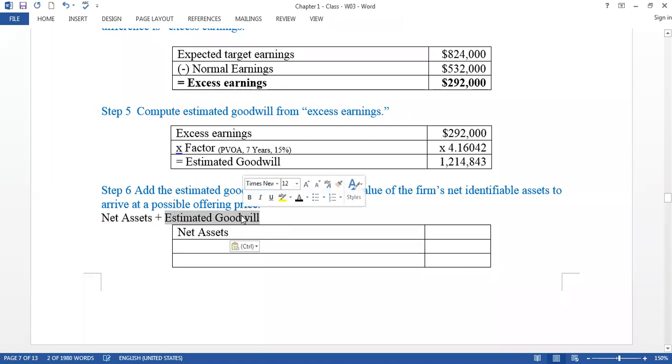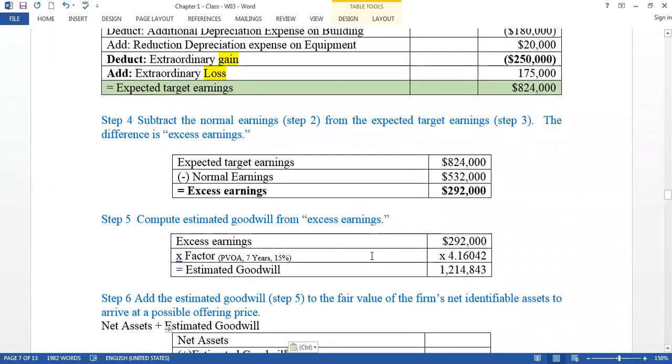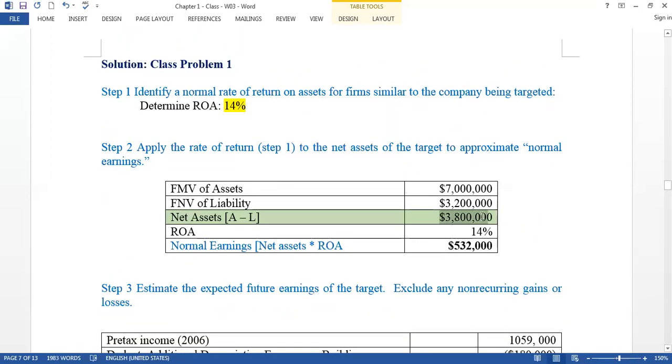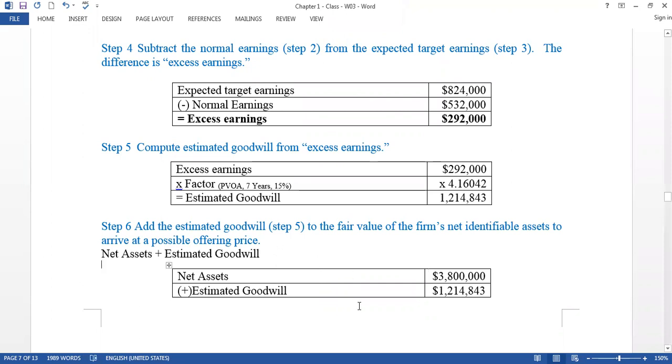We have estimated goodwill. And this is the price. Do you have any question?